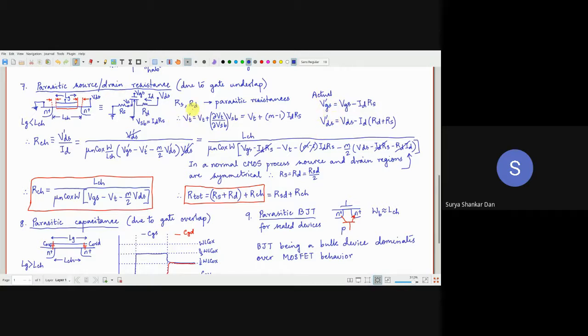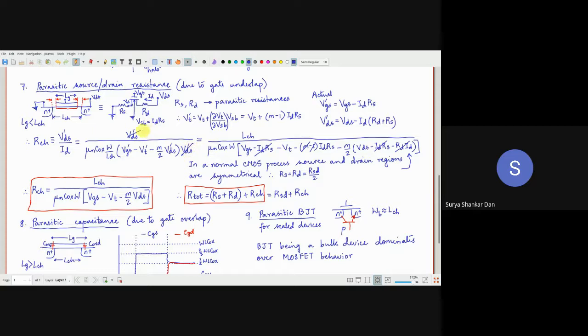Now let us find out the channel resistance. The channel resistance will be given by VDS dash divided by the ID which is flowing. In ID, I will write mu Cox W by LCH, this is the channel length which we thought about, into VGS dash minus VT dash minus M by 2 VDS dash, into VDS dash.